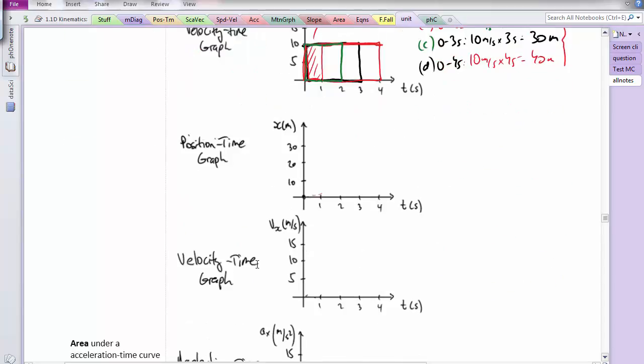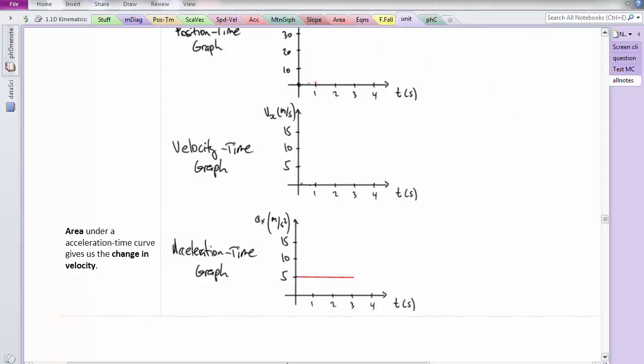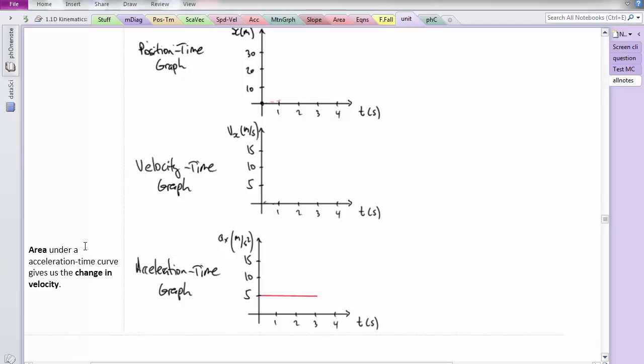So let's do this again, but now for acceleration, and see what kind of pattern we get. If we look at the acceleration-time graph and take the area between 0 and 1 second, we'll call it area A. The height is 5 meters per second squared times 1 second, which gives us 5 meters per second.